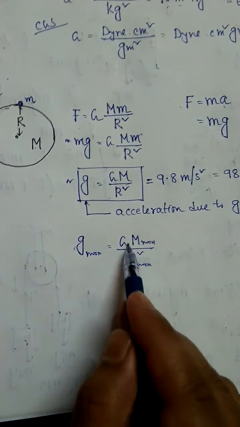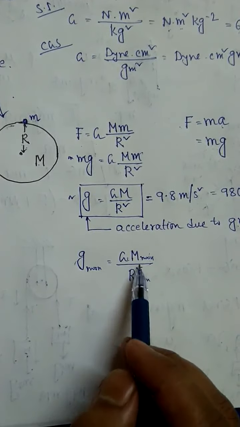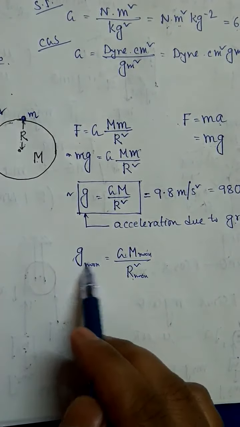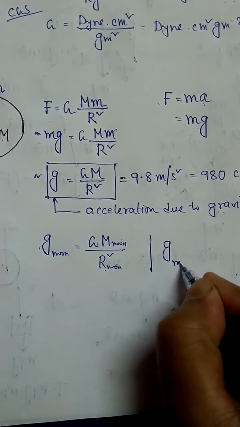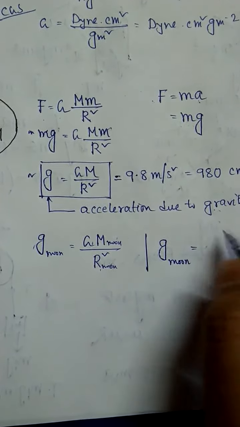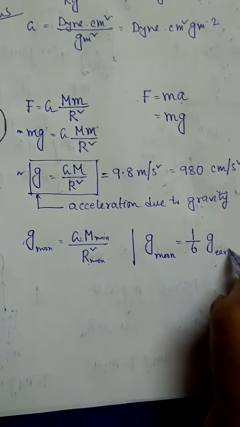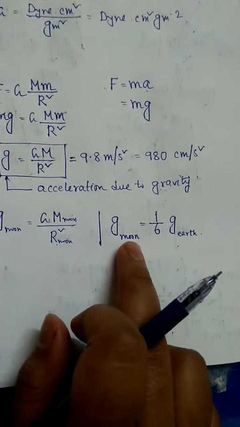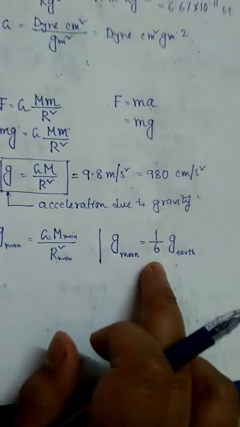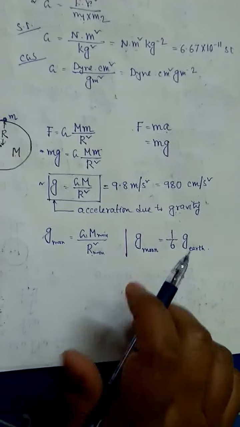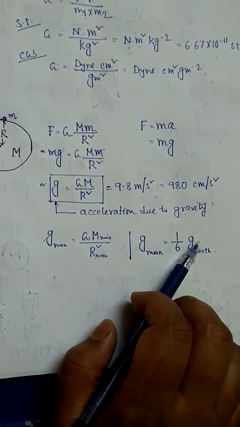If we put all the values, and that is already done in your book, I am not going to do this. If you put all these values, you will find that acceleration due to gravity on Moon is equal to 1/6 of acceleration due to gravity on Earth. This proof is not important for the exam, but you have to know this for the short questions. So acceleration due to gravity on Moon is 1/6 of acceleration due to gravity on Earth.